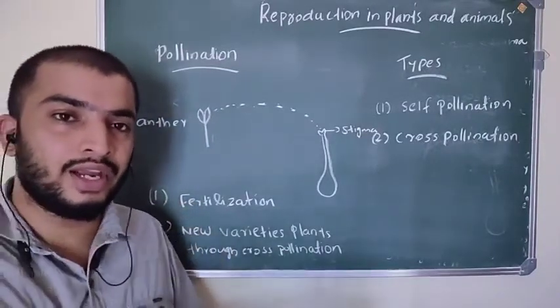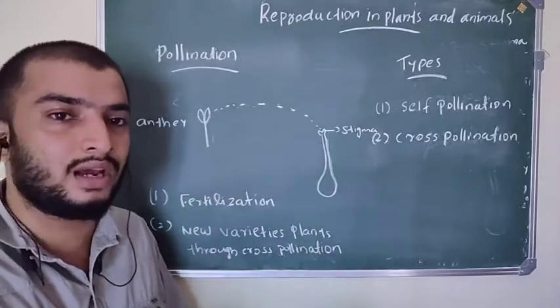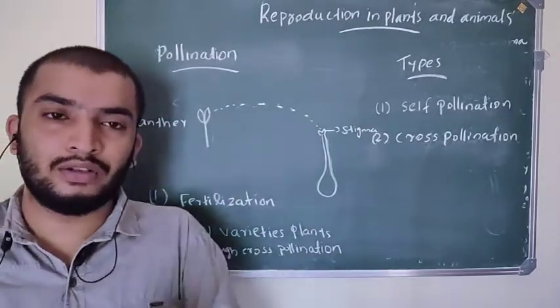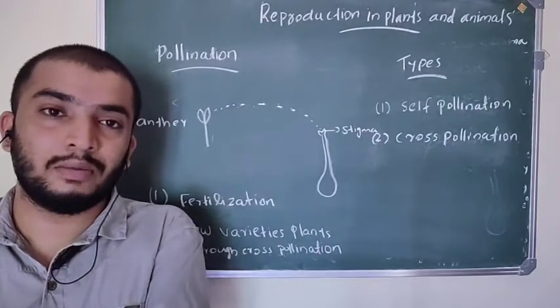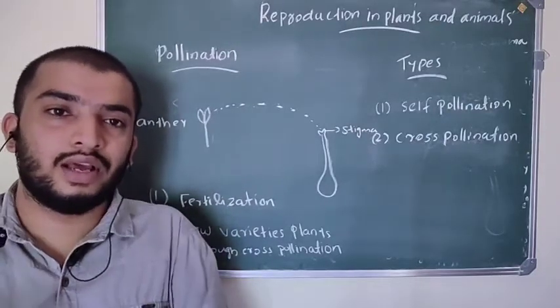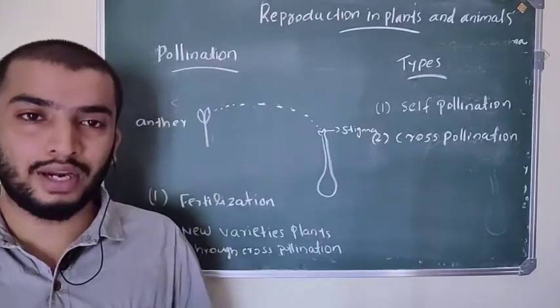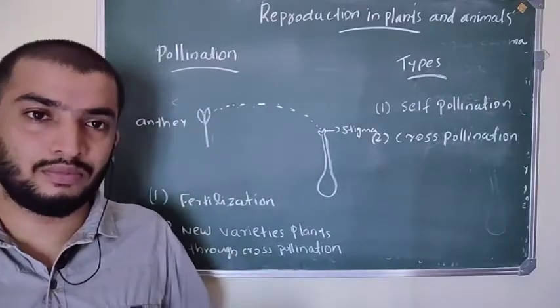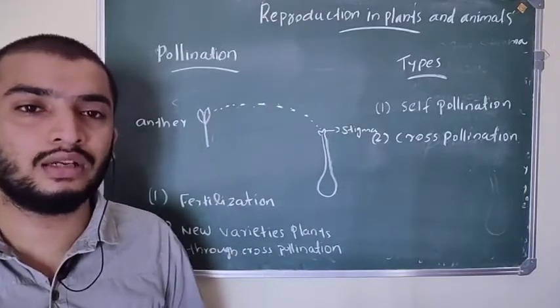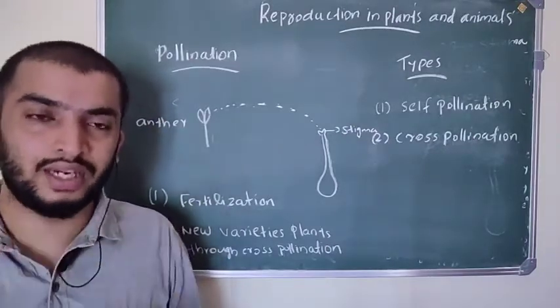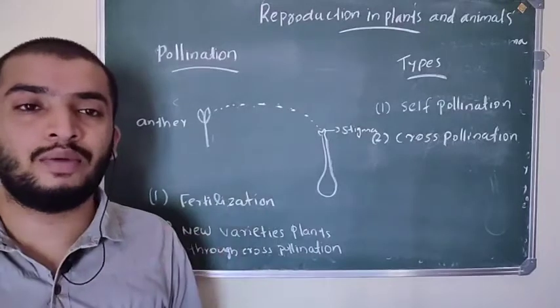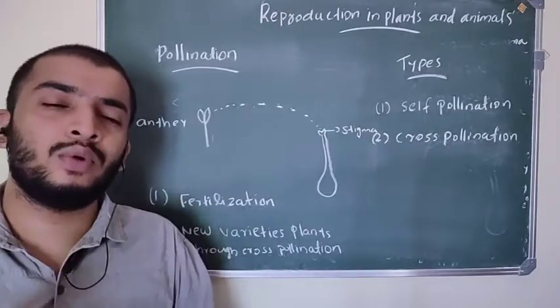You take pollen grains of the plant in America and pollinate the plant found in India with that pollen grain. So you can make a new variety of plant from these two plants.